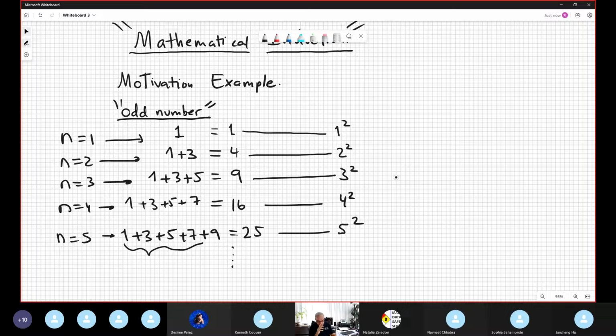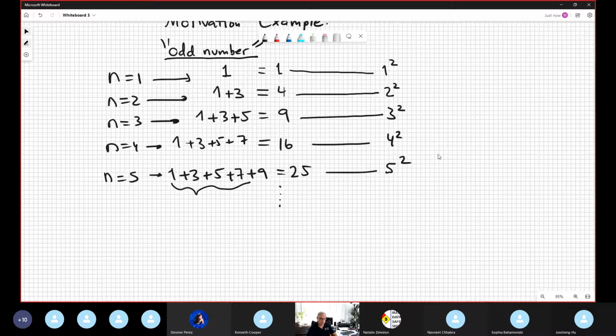Well, let me try to write this big problem as an equation. Basically 1 plus 3 plus 5 plus 7 plus 9, plus odd numbers, always odd numbers, is equal to n squared. How do you represent odd numbers mathematically?